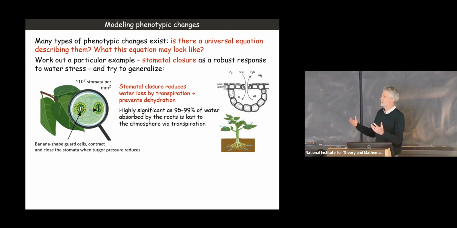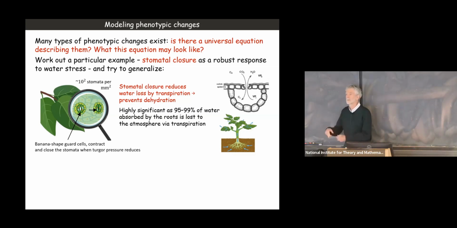Transpiration is the process of the plant taking up water from the soil through the roots and eventually releasing it to the atmosphere through the stomata. Closing the stomata is a very significant way to prevent dehydration, because more than 95% of the water that is taken by the roots is released back to the atmosphere.